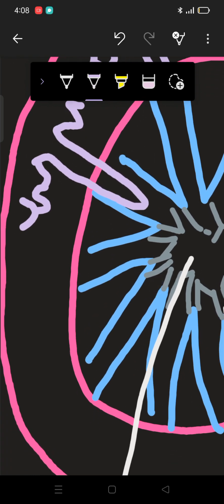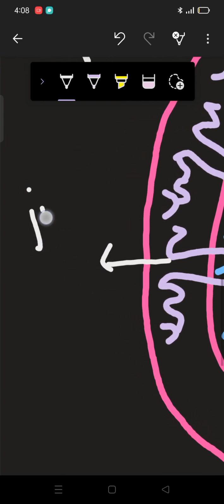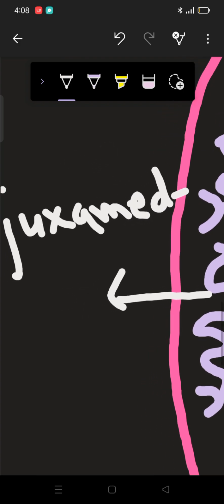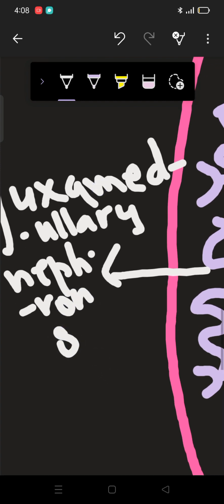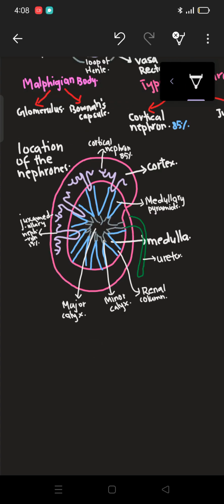Just because the loop of Henle is going to the medulla, it is making it a juxtamedullary nephron. And their percentage was 15%.